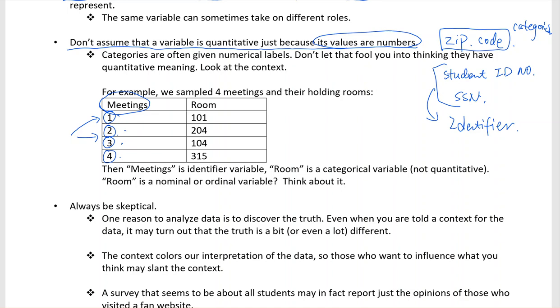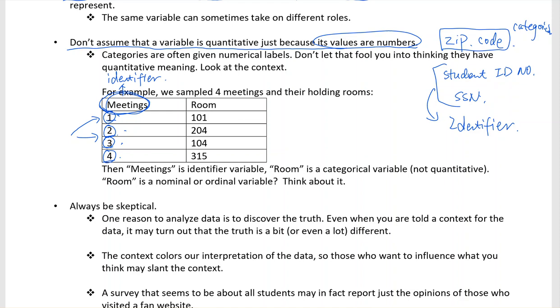So these numbers are not numerical values with units that mirror something. So what is this meeting variable? It is an identifier. Got the idea?